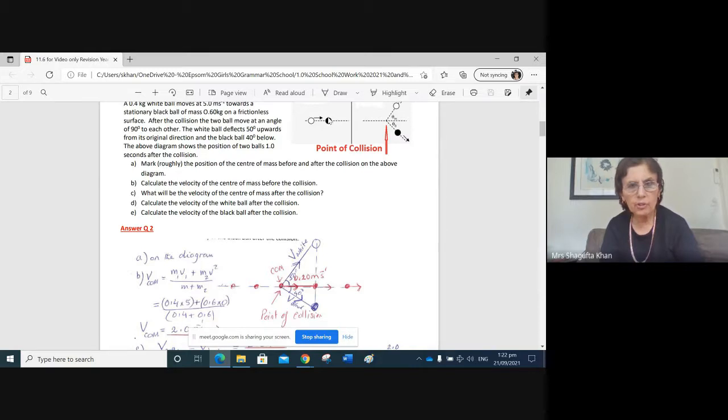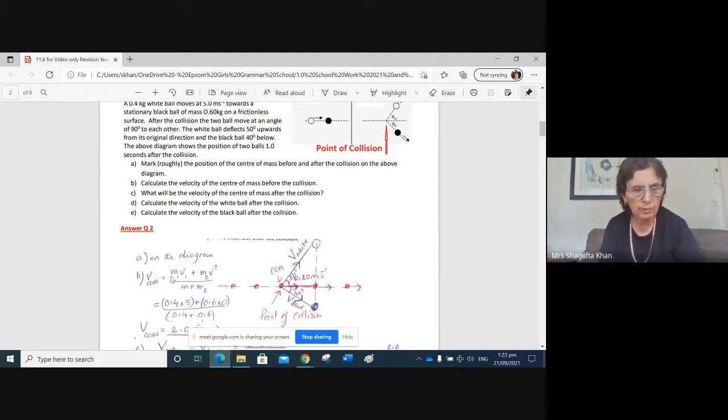However, in this question, the black ball is a little bit bigger and has more mass, so the center of mass will be a little bit more towards the black ball. If you're asked to find the position of the center of mass, then we use the formula m1d1 equals m2d2 to find the position. But in this question, we have to calculate the velocity of the center of mass of this system of two balls.